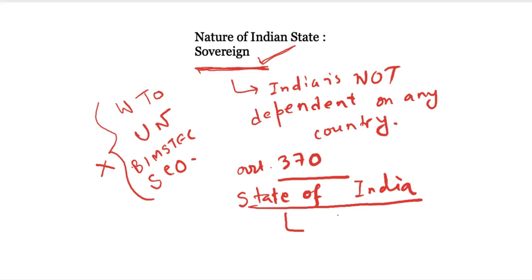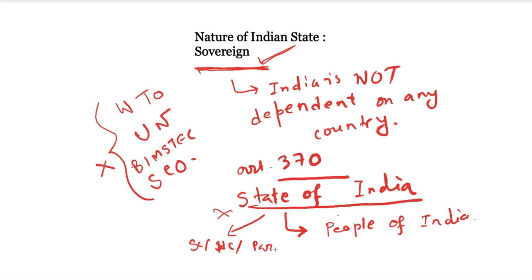The closest sovereignty comes to is that the people are the real sovereign, but not the Supreme Court, High Court, or Parliament. They are not sovereign.